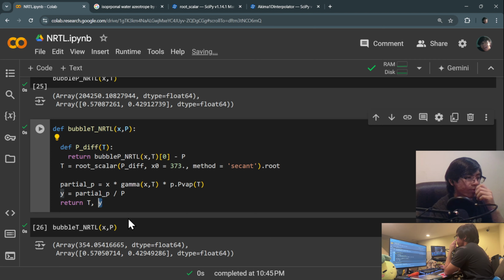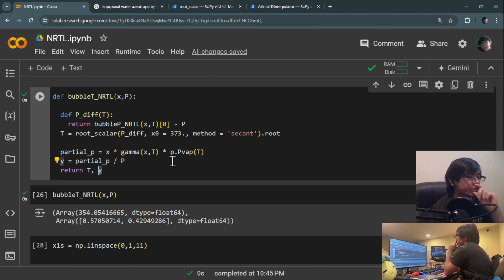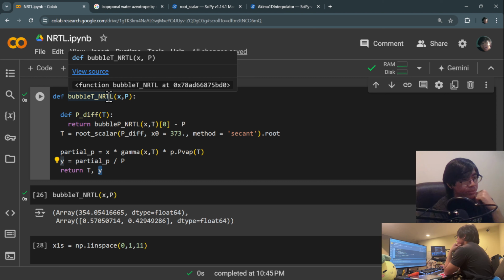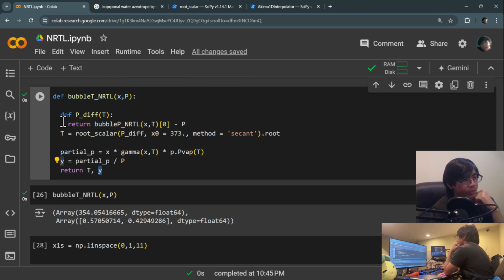But then we also have our y's, so honestly, we can unpack that. I think we'll be looping all our x1s through our bubble temperature, and then we can unpack all those values as they come and then plot them.